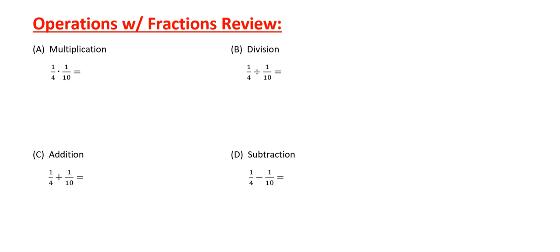The reason I picked these fractions is that a quarter is 1/4, and a tenth is a dime. So you can think of this as a quarter times a dime, a quarter divided by a dime, a quarter plus a dime, a quarter minus a dime.